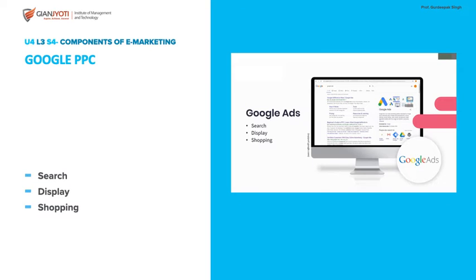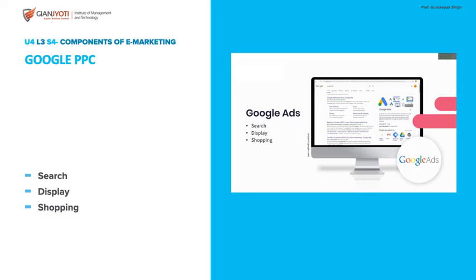In Google AdWords, we have PPC, pay per click. Now, the ads: when you search something, on top of your search results page you get an ad. So that is a search ad.